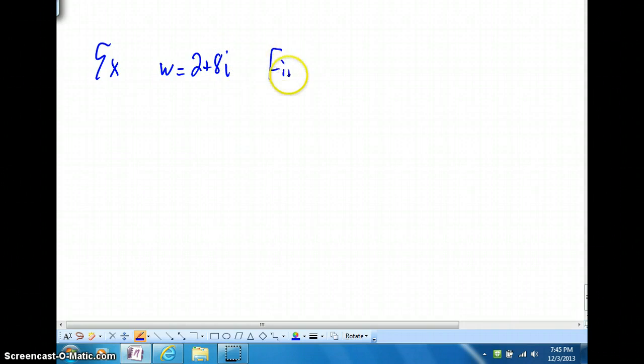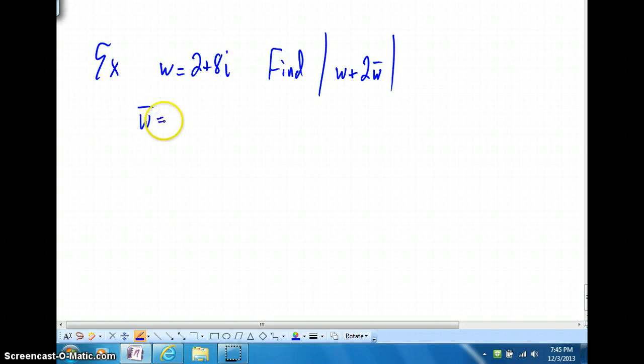So in the time that we have remaining, I'd like for us to do a quick problem. Let's say that if w is equal to 2 plus 8i, find the magnitude of w plus 2w conjugate. Well, how would we do that? The conjugate, of course, is going to be 2 minus 8i.